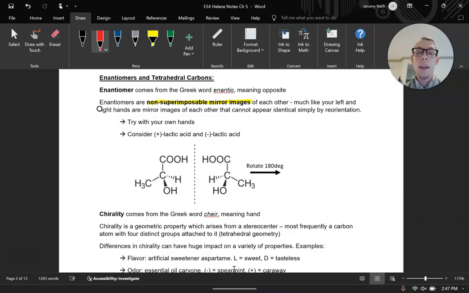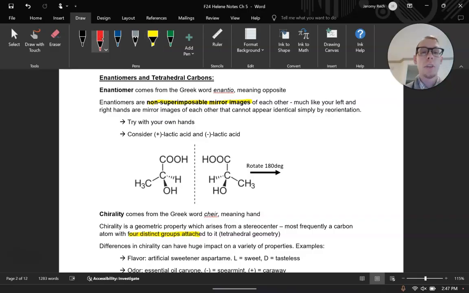A chiral center is going to be a location on your molecule where there is some specific directionality associated with it based on an arrangement of, generally speaking, 4 unique groups. We have an example here of lactic acid, and the 4 unique groups are a hydrogen, an alcohol, a methyl, and then a carboxylic acid.